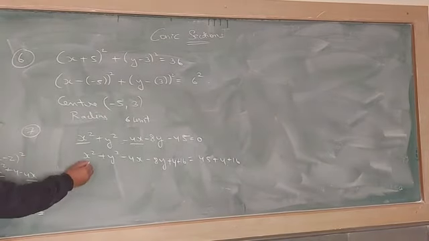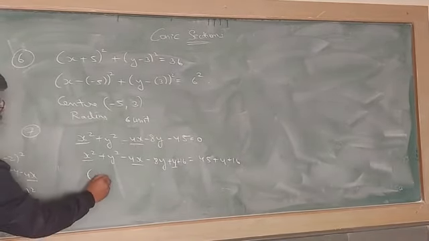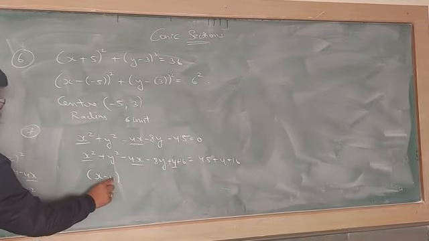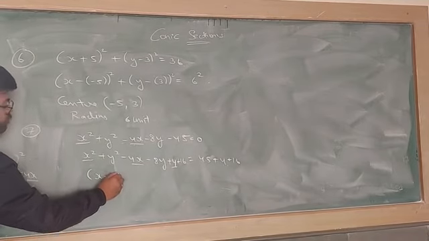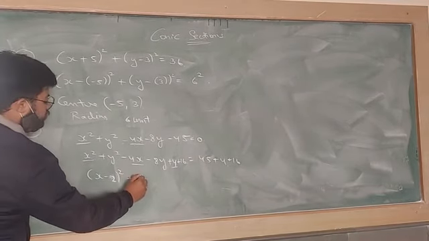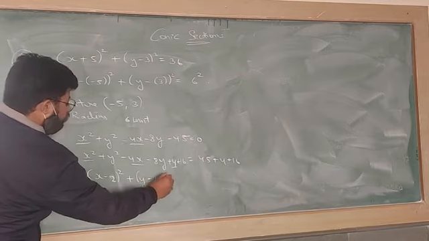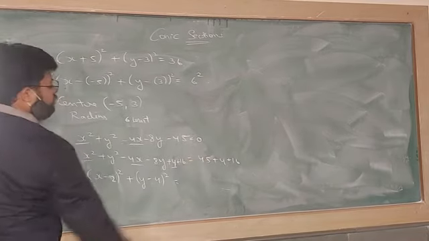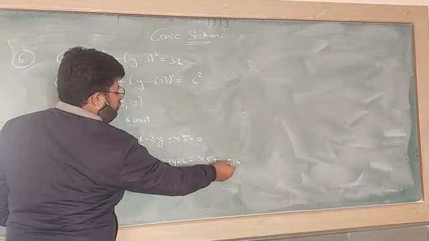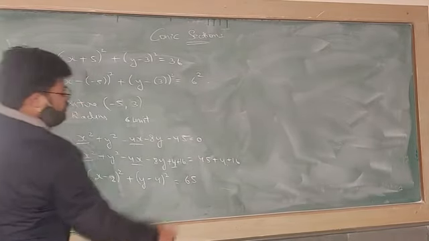So now this and this: (x minus 2) whole square, and the second one is (y minus 4) whole square, and 45 plus 16 plus 4 is 20, so this will be 65.